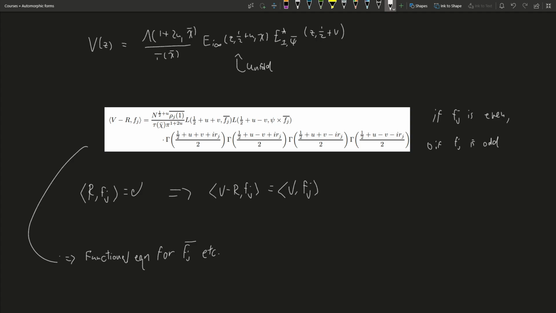Let me see what the reference I had for this was. You can compare with Iwaniec and Kowalski, equation 5.4 on page 132. And that gives you the following functional equation.